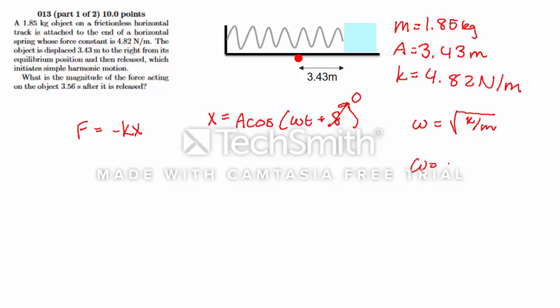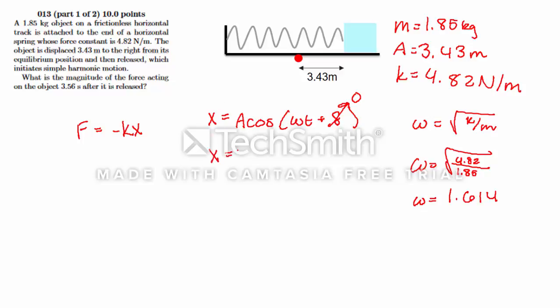That means that omega is going to be the square root of 4.82 over 1.85, and that is going to give us an angular frequency of 1.614.